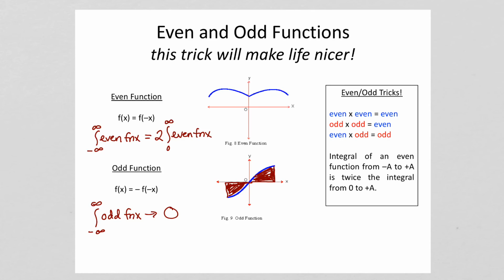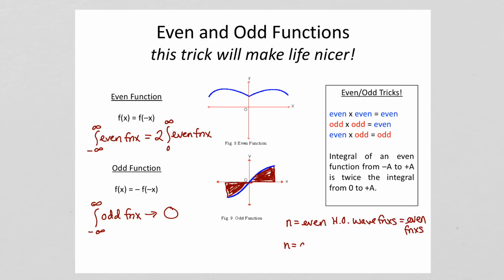So really the skill that you have to develop here is being able to recognize whether you have an even or an odd function. Just to relate this to our harmonic oscillator wave functions, our n equals even wave functions for a harmonic oscillator are going to be even functions.